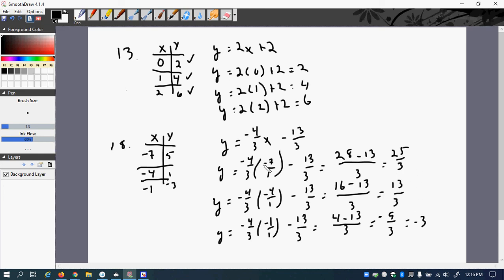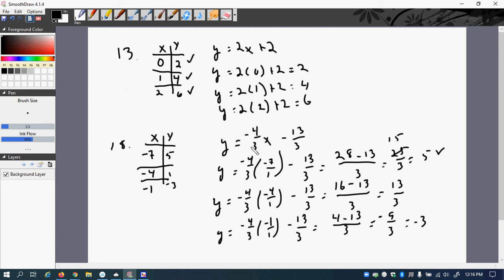So let's recheck our math, make sure that we didn't make any mistakes, because 4 times 7 is 28. It's positive. So 28 minus the 13 is 15. So I did that wrong. So that's 15. And so now 15 divided by 3 is 5.